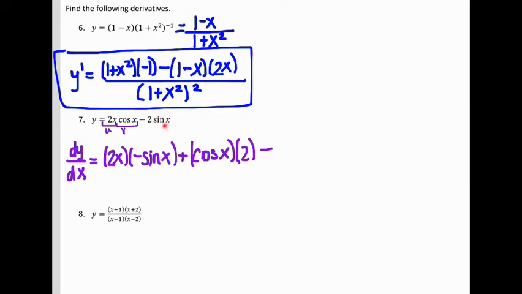This next term, 2 sine x, you could argue that it's a product, that it's the constant 2 times sine x. The deal is, though, when you take the derivative of a constant and you're just thinking of it by itself, it goes to 0.